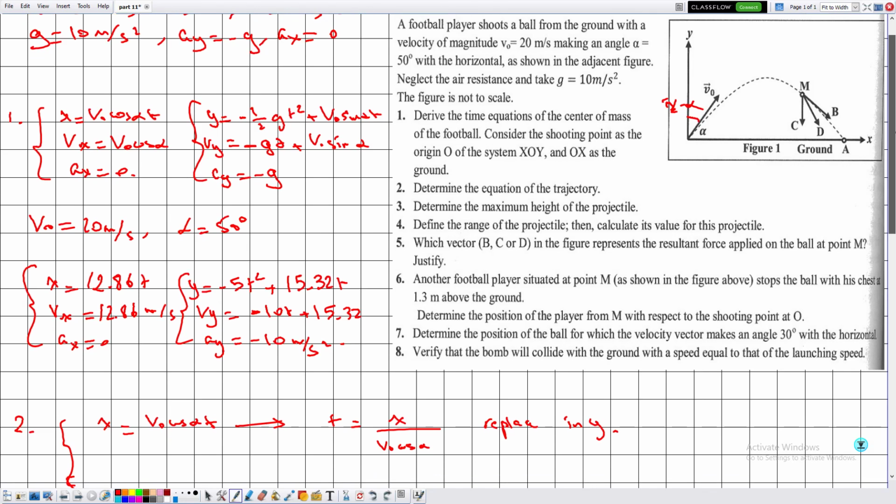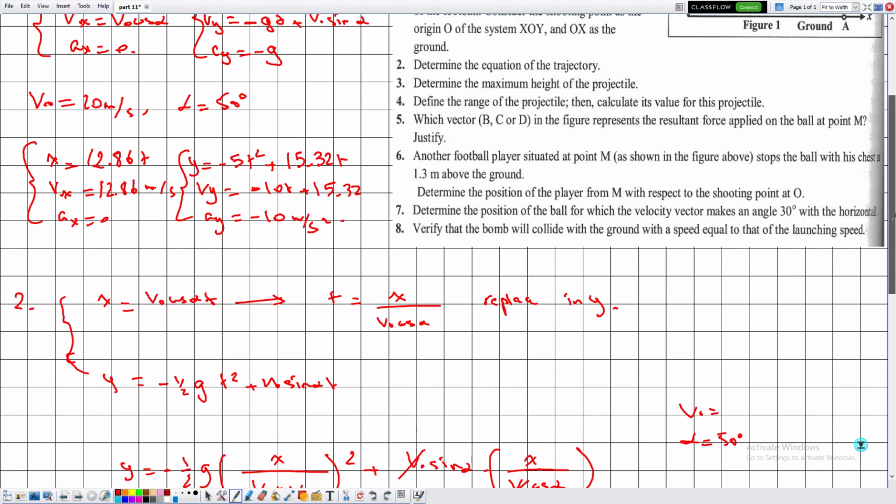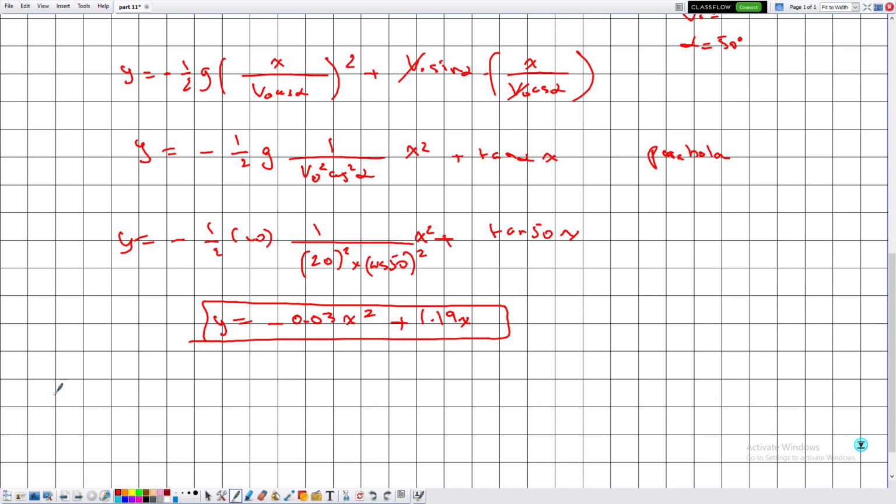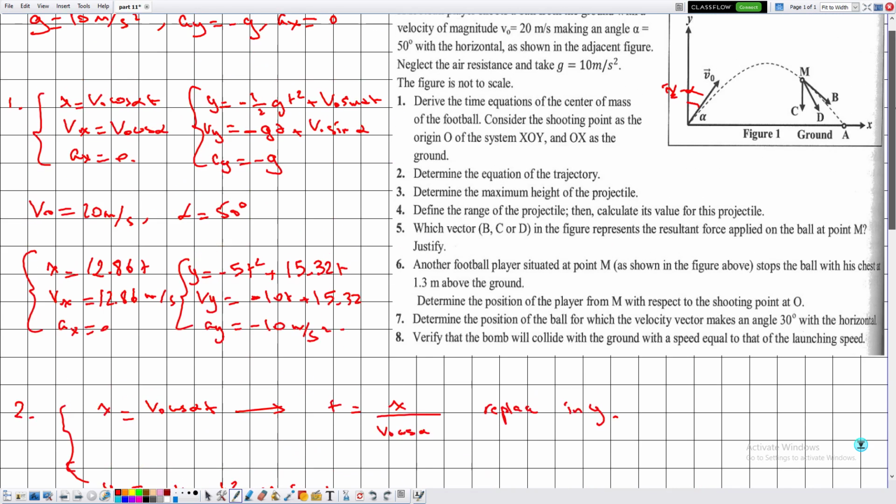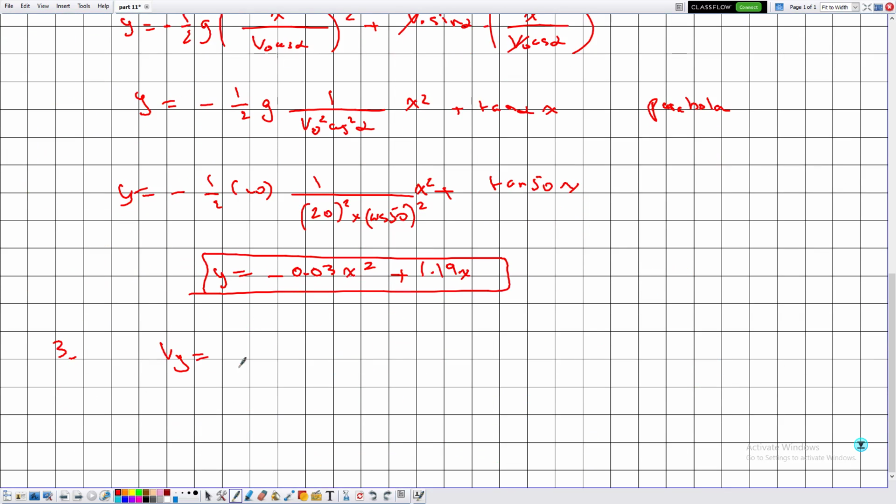So vy is given by minus gt plus v0 sine alpha, and at the same time we need vy to be equal to 0, which means that minus gt plus v0 sine alpha is equal to 0.